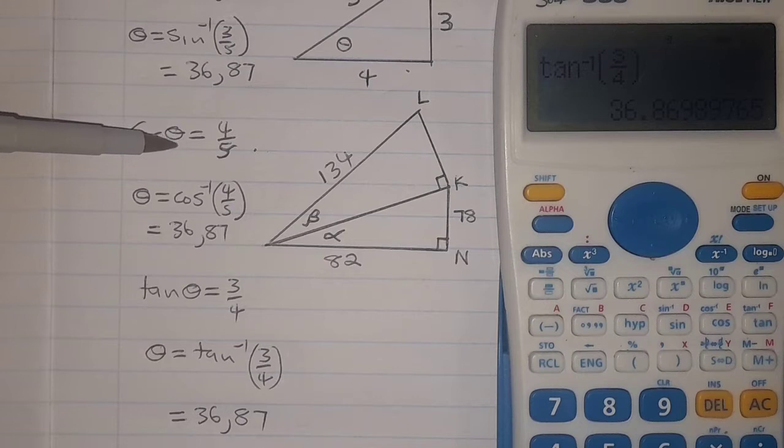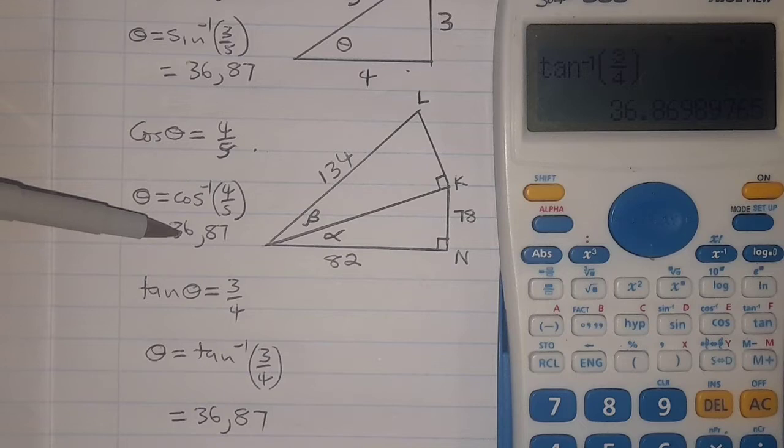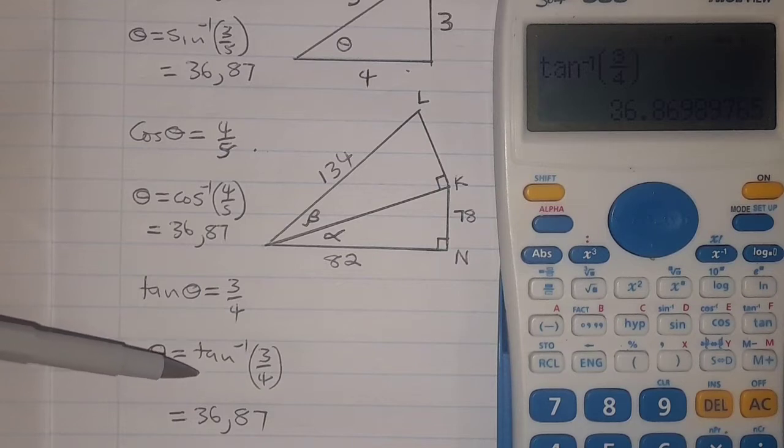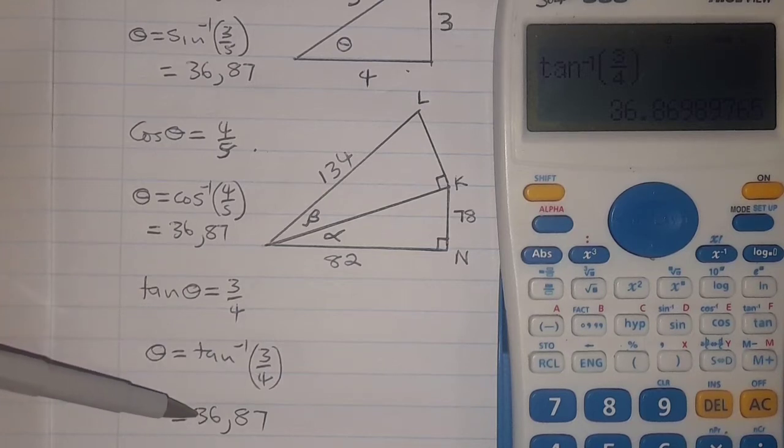The second one using cos theta is 4/5, and the second function of cos 4/5 gave us 36.87. And then the last one, we made use of tan. Tan theta is opposite over adjacent. Our opposite is 3, adjacent is 4. We got the same angle once again.